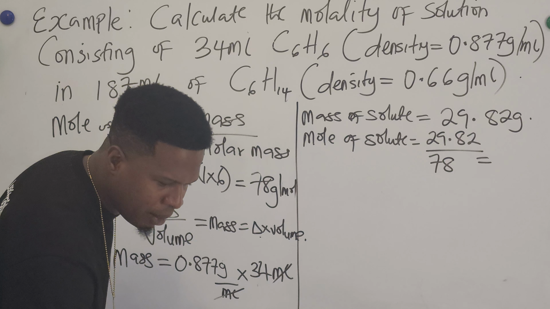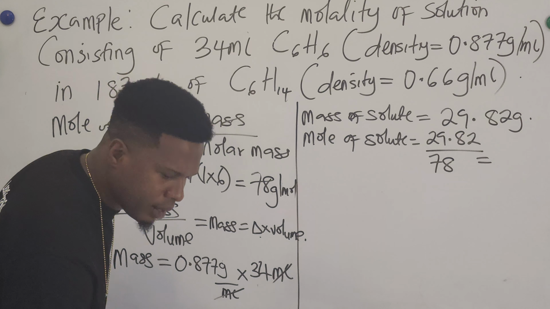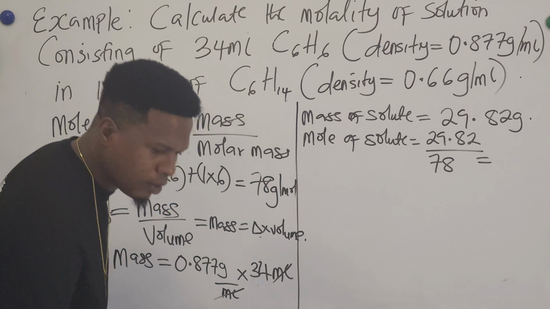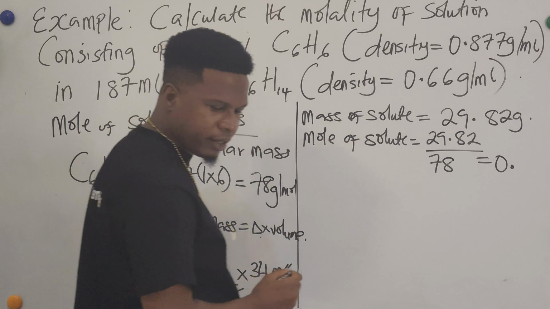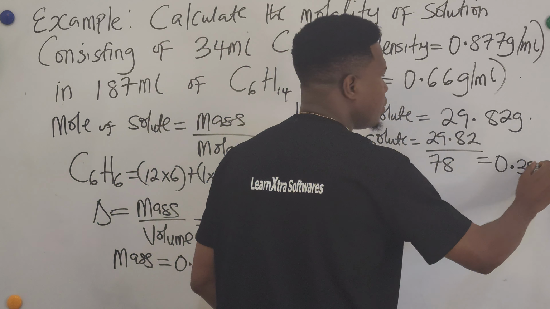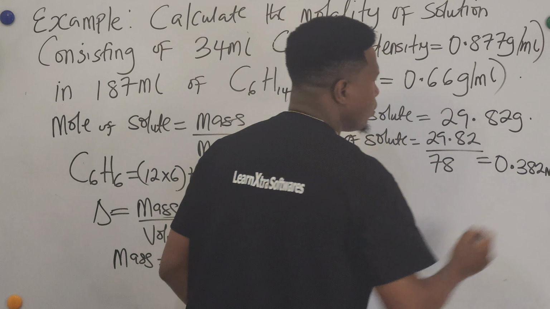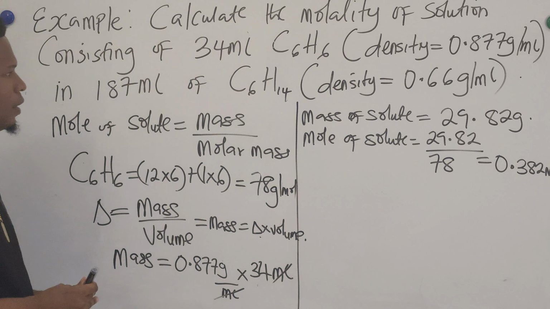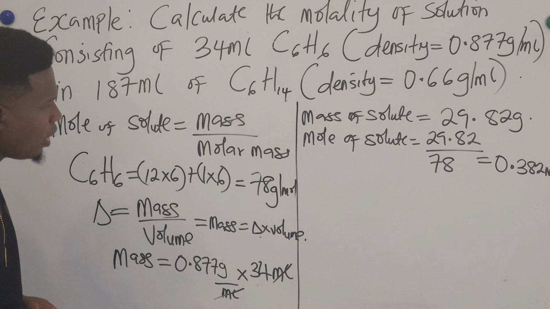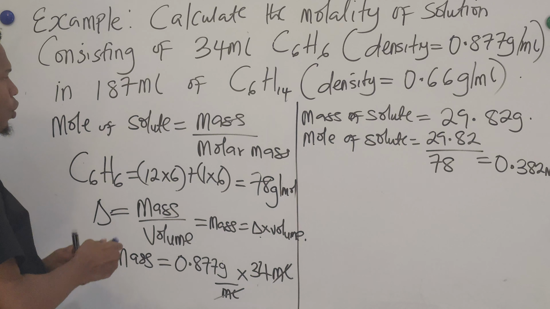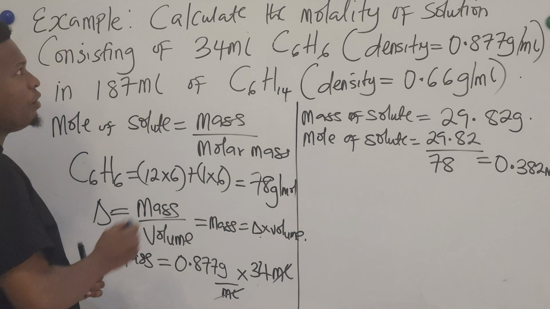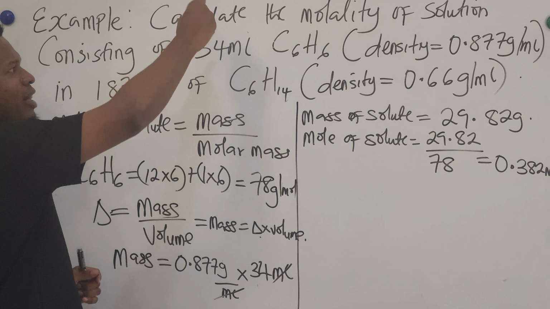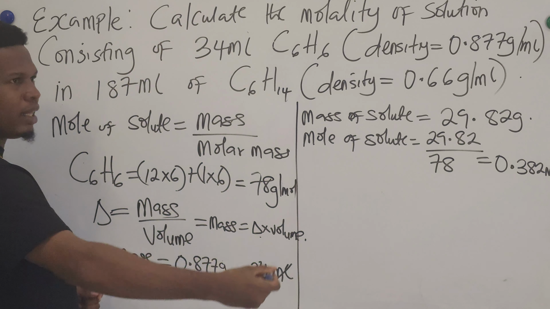So 29.82 divided by 78, you have 0.382 mole. Okay? So we only got the mole of the solute. We need to get the mass of the solvent so we can get the molality.